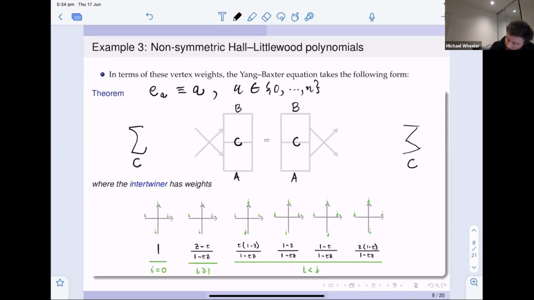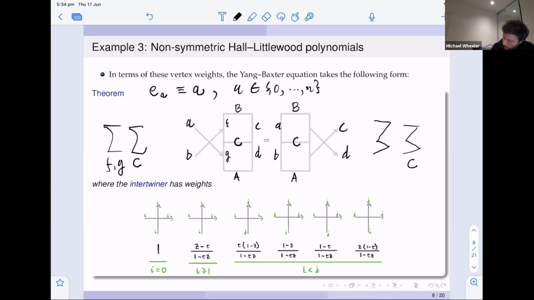So I'll put here A, B and C, D. And then I have to make the same choice on this side, so I put here A, B and C, D. Once again, for these internal edges, let's call them F and G, you need to sum over F and G, and likewise you'll have a sum over F and G here.